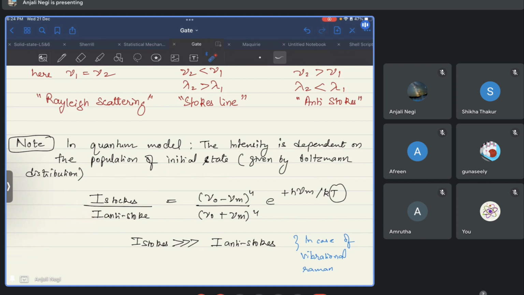And I can just write it simply like this, and this is coming from the Boltzmann distribution. You see that the ratio depends upon temperature T, and the vibrational energy levels having higher gaps means the population is much higher in the ground state in comparison to the others.